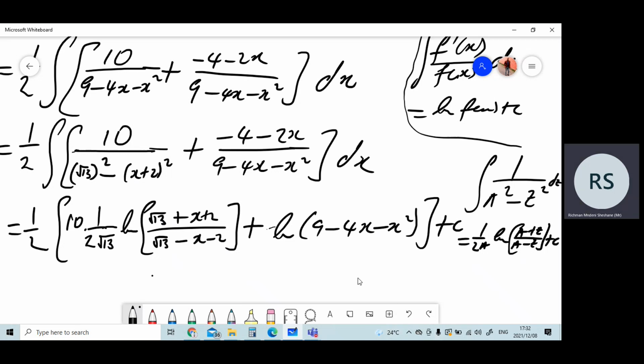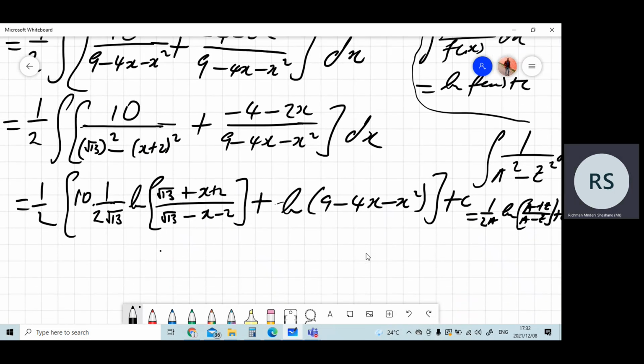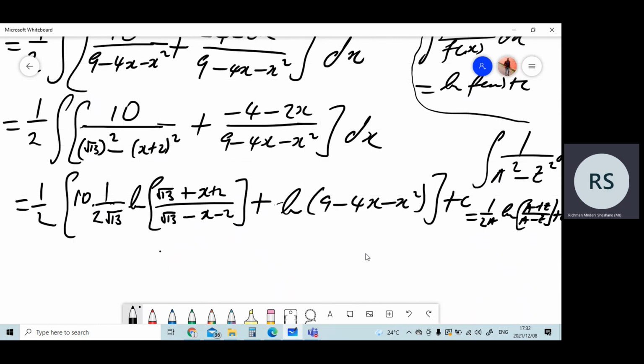This is the answer, right? This is the answer. Okay, this was just a formula. You can multiply half inside.